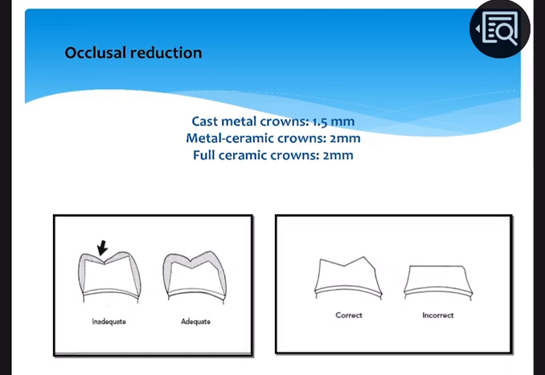And if we are preparing the tooth structure for the full ceramic crown, then we have to reduce the occlusal surface 2 millimeter uniformly. Okay, if we are reducing more than these values, then we are violating the first principle, which is preservation of the tooth structure. So that's why we are providing only the adequate occlusal reduction.